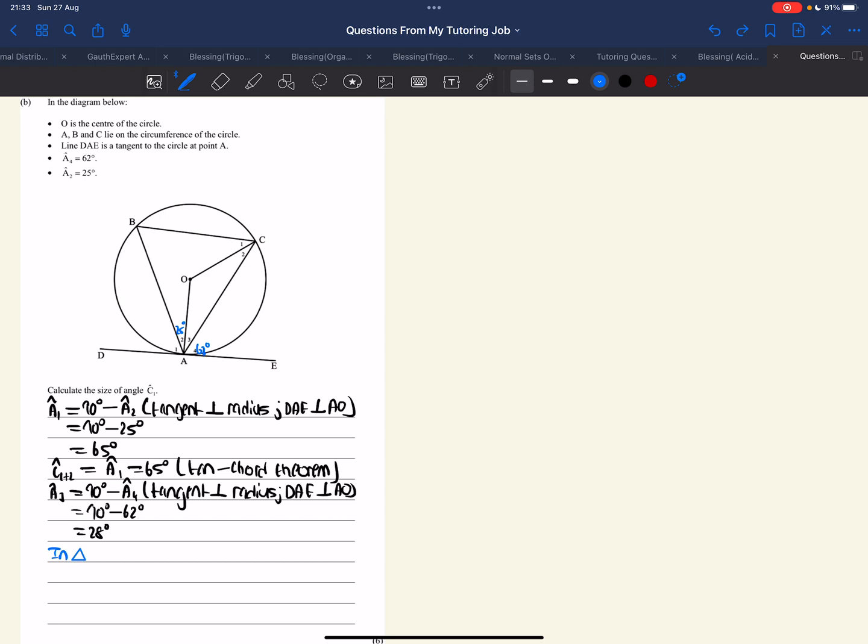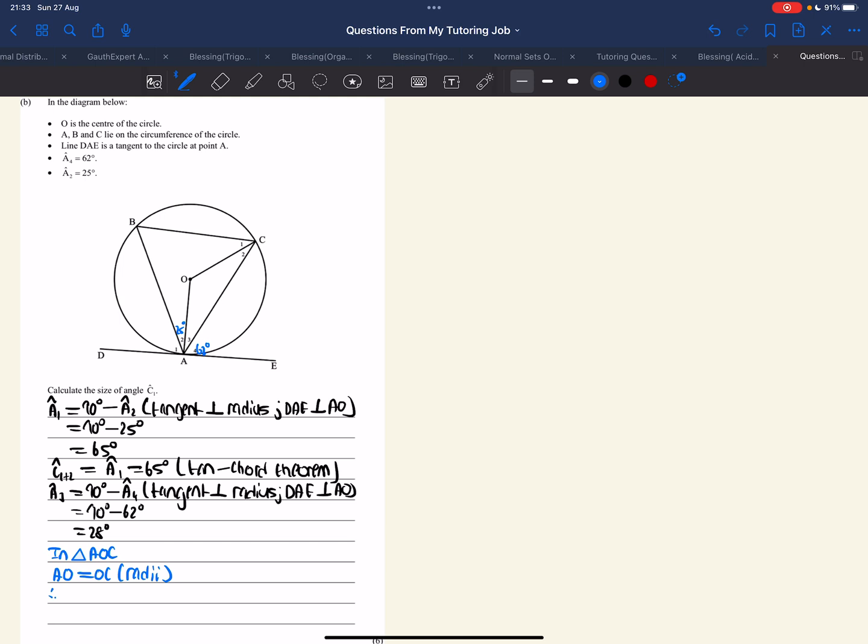Right, now using a different color, I'm going to say that in triangle AOC, AO equals OC, and the reason for it is radii.